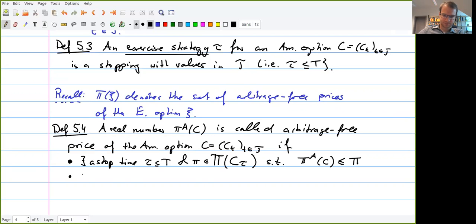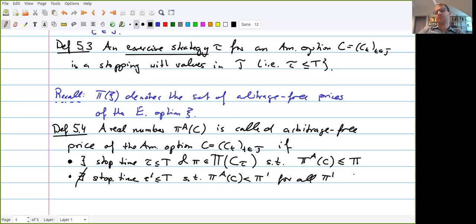And then we say that there is no stopping time. So again, no exercise strategy tau prime such that the price of the American option is strictly less than pi prime for all pi prime in the set of arbitrage-free prices of C prime. Right?